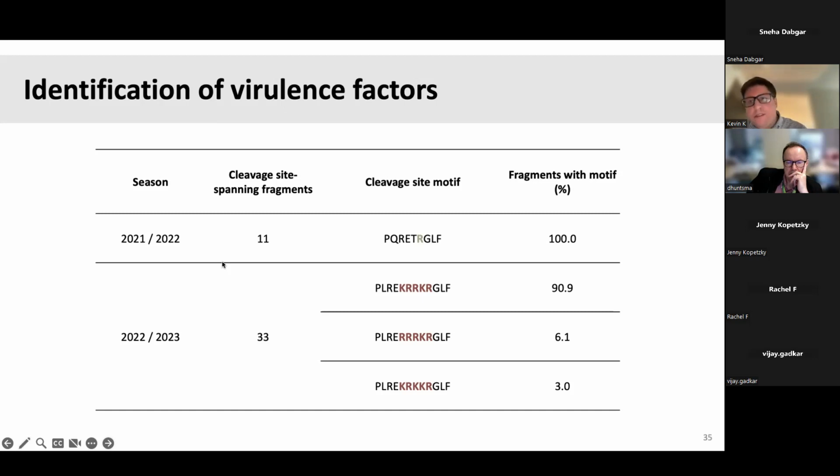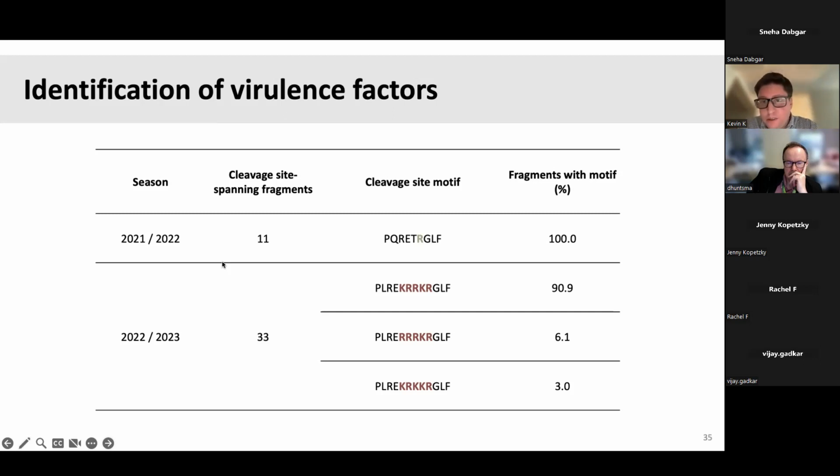So this cleavage site is just one example of a genetic marker we can look for. We can also look for receptor binding motifs. We can look for stabilizing mutations that allow the virus to adapt from avian body temperature and pH to mammal body temperature and pH.